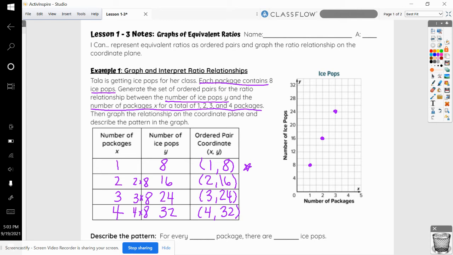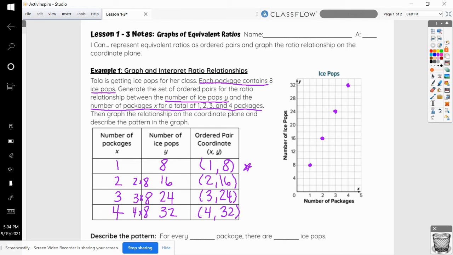And for our fourth one, when we have 4 packages, we know we have 32 ice pops. Okay, so I put 4 dots for 4 ordered pairs. So again, my X was across, the number of packages. My Y was up, the number of ice pops.